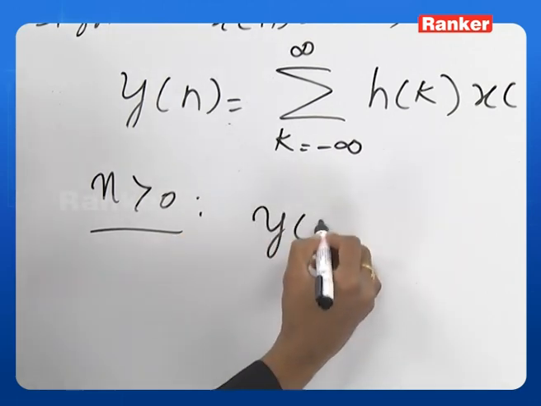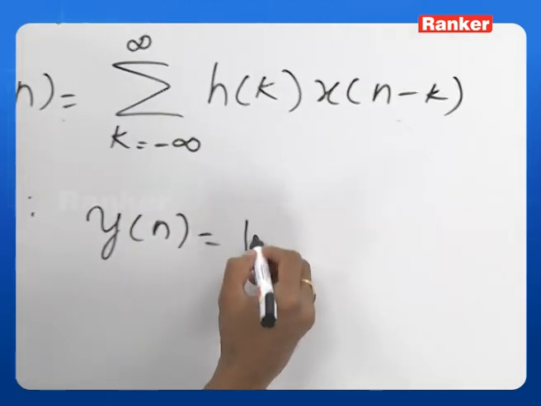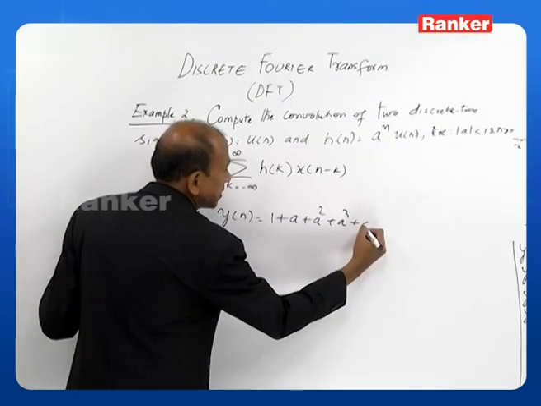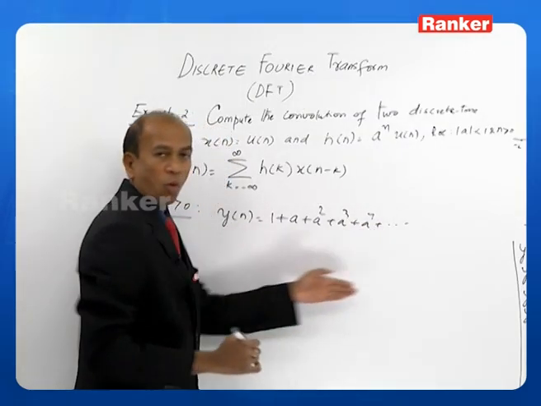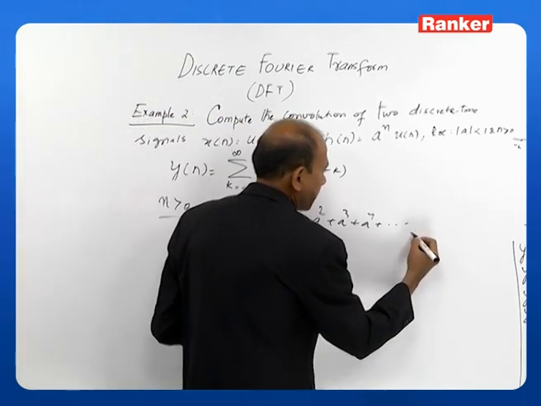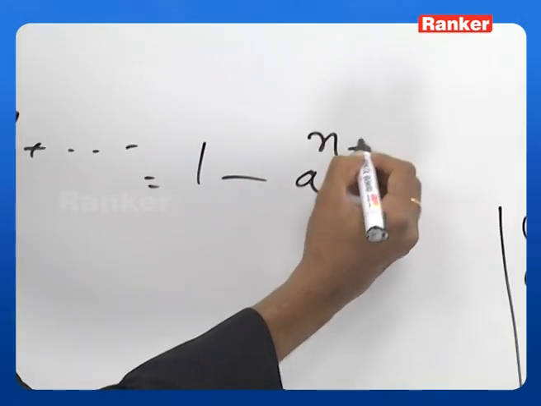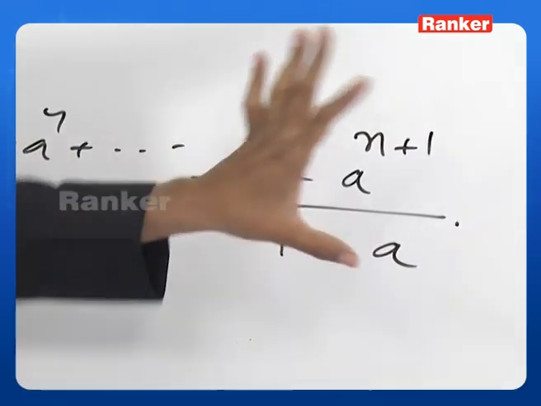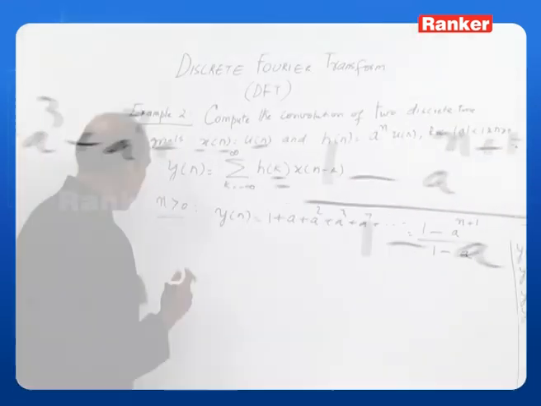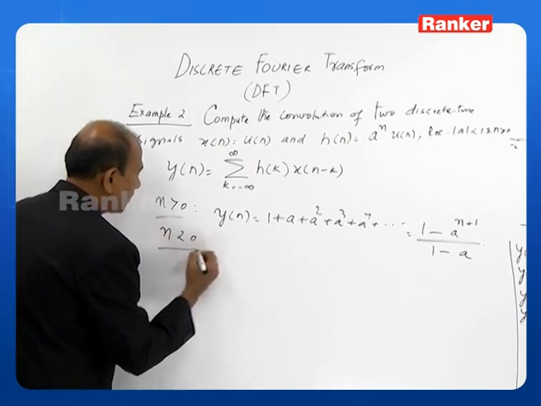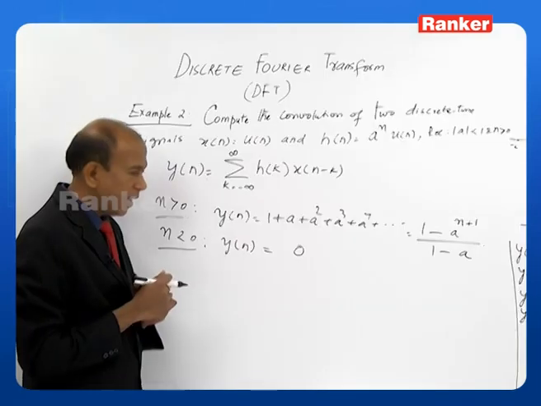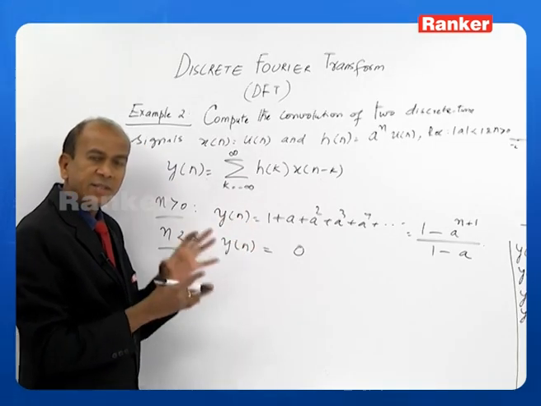So y of n will be how much? That will be equal to 1 plus a plus a square plus a cube plus a to the power 4 plus so on. So this I can write as 1 minus a to the power of n plus 1, by 1 minus a. This is a progression which is happening, so we can write this formula. Now for n less than 0, y of n is 0. So this is how you can generalize the values.